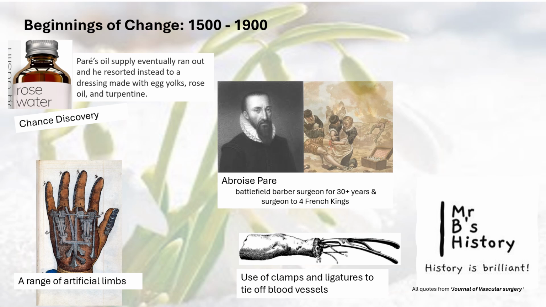You've got cannonballs, you've got early guns, and these things with the soft lead shot of a musket ball are ripping limbs apart in a way that perhaps some swords wouldn't have done previously. So new technology, new way of hurting people. Paré comes up with new ways of trying to sort them out.